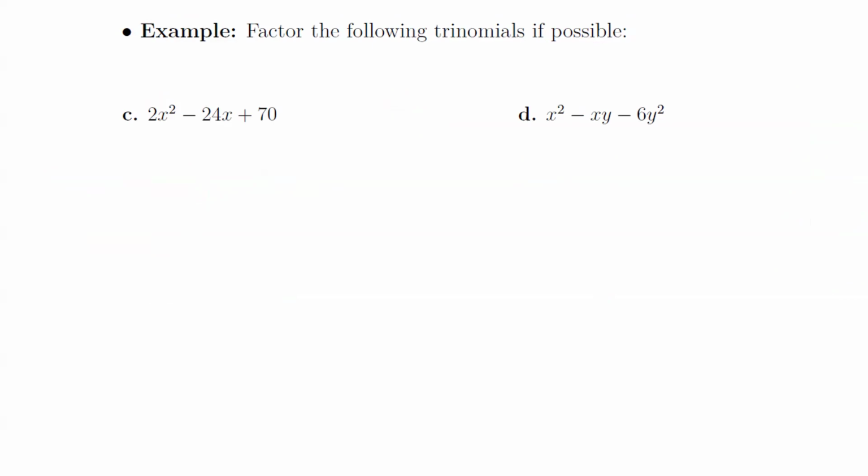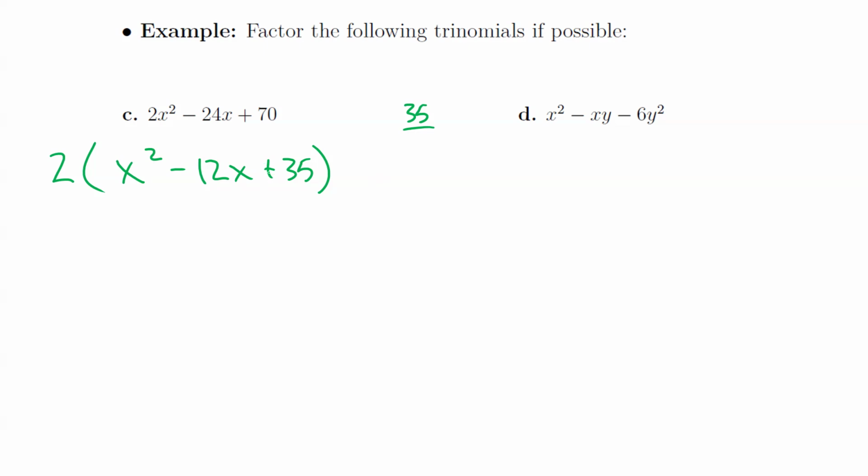Part C is one that is really important for you to not forget about easy factoring, right? So before you're trying to reverse FOIL anything, notice that a 2 factors out of every term. And so now we can think about the ways of breaking down 35.